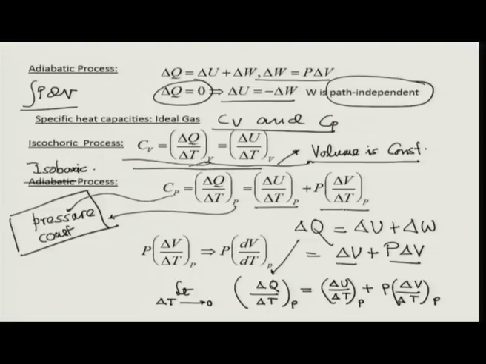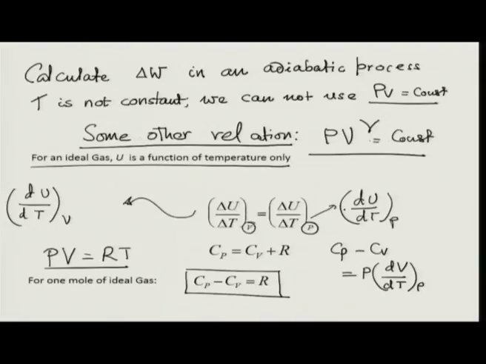Now, I am arguing that for an ideal gas, I should always have this quantity equal to this quantity; the P and V which I have written here do not carry a sense, because for an ideal gas U is a function of temperature only.